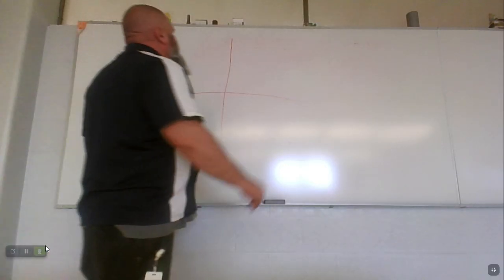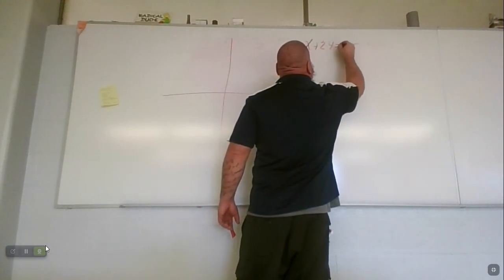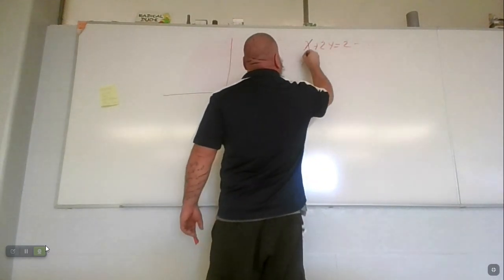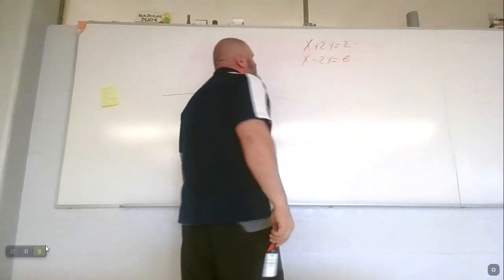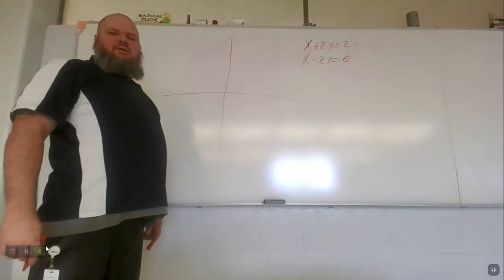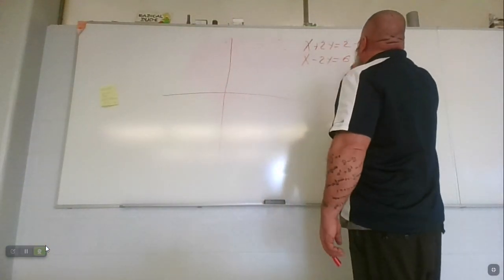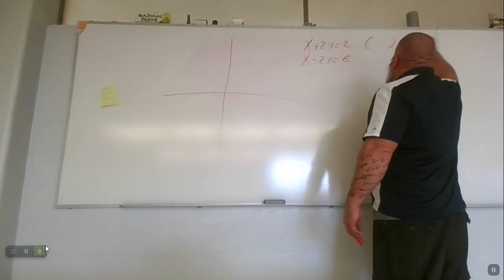Let's take a look at how about x plus 2y equals 2 and x minus 2y equals 6. Well, for starters, let's find the intercepts of each equation. X plus 2y equals 2, and draw this out.